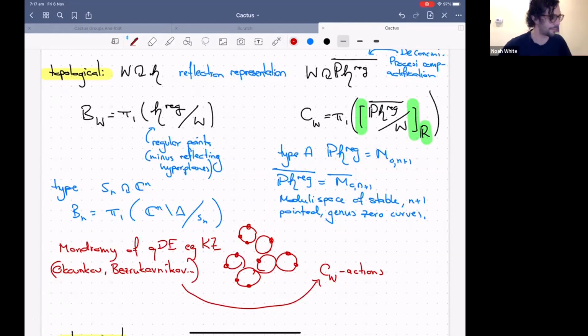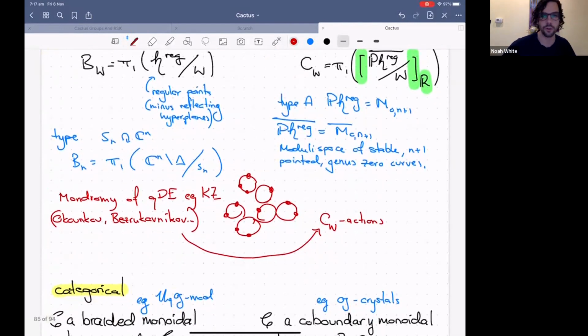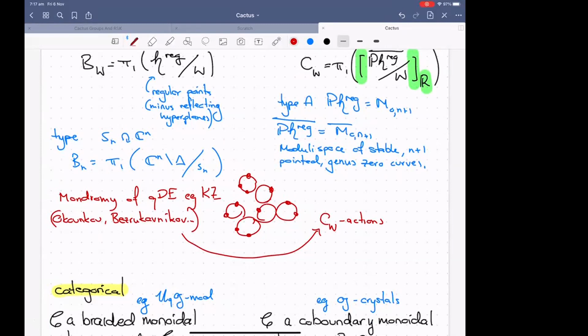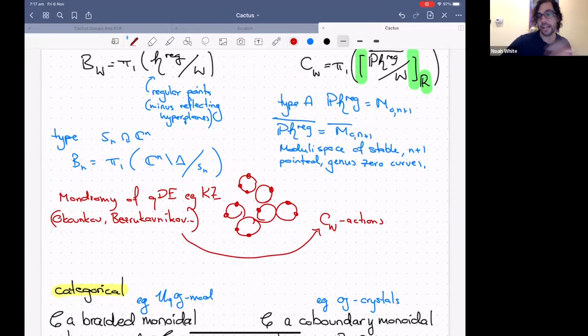I'm just trying to indicate that there's a larger picture. And I guess from these affine braid groups, you would still expect some kind of cactus group action. But affine cactus or finite cactus? The cactus of the affine braid group would be my guess. But I don't know. This is something you would really have to ask Bezrukavnikov about.